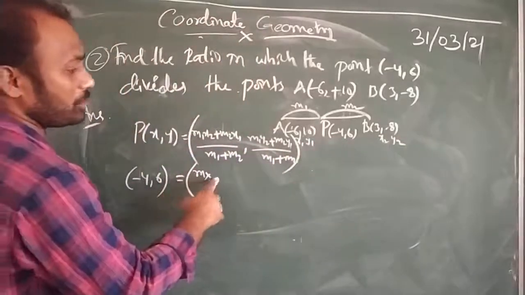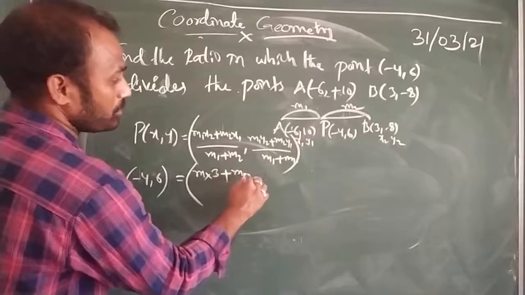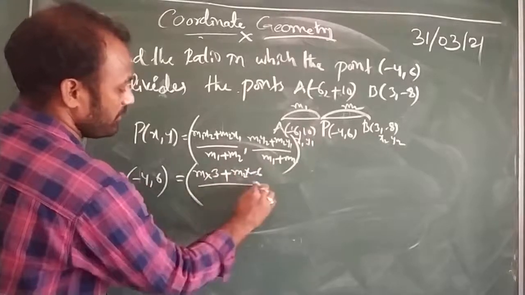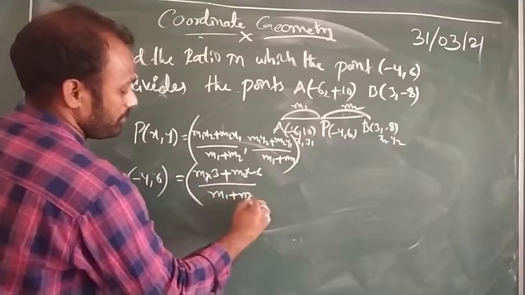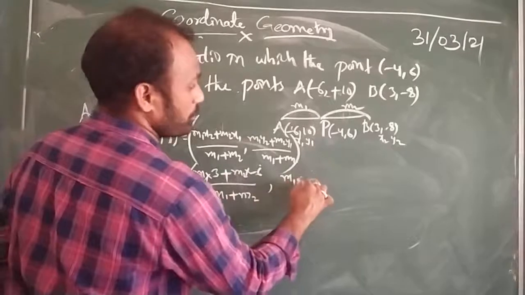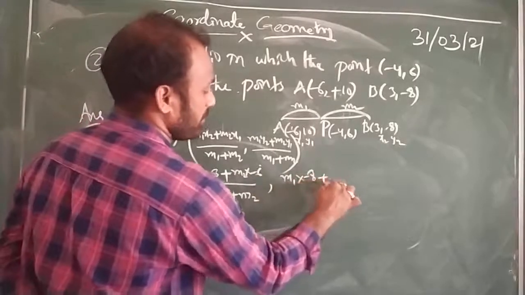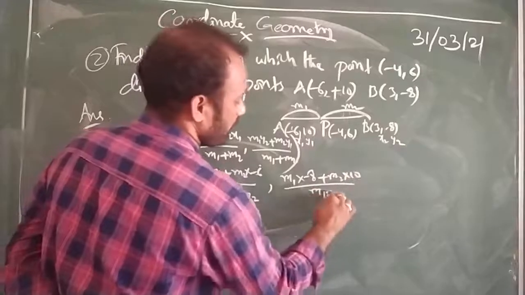So M1 into x2, which is 3, plus M2 into x1, which is -6, divided by M1 plus M2, comma, M1 into y2, which is -8, plus M2 into y1, which is 10, divided by M1 plus M2.